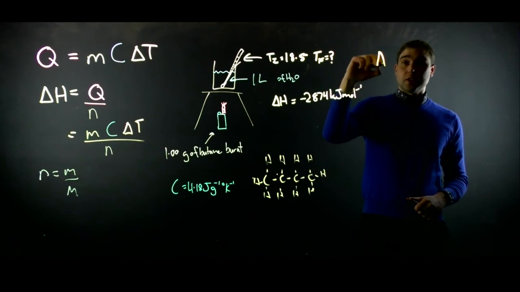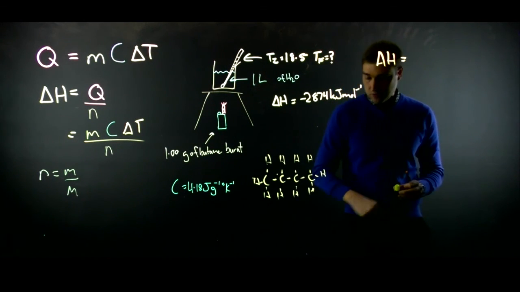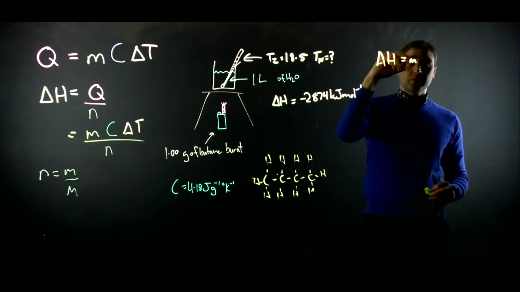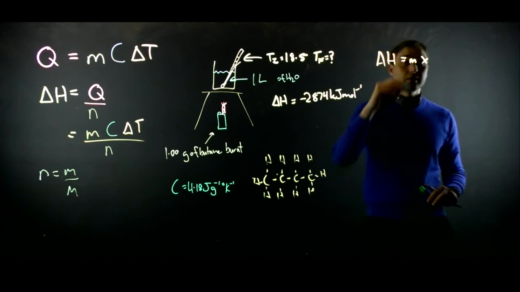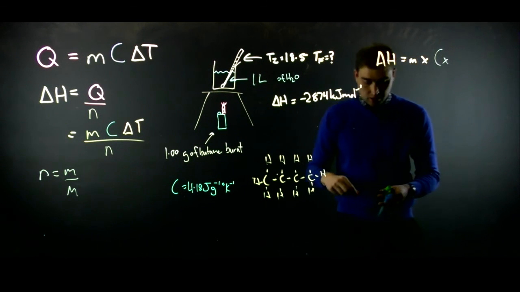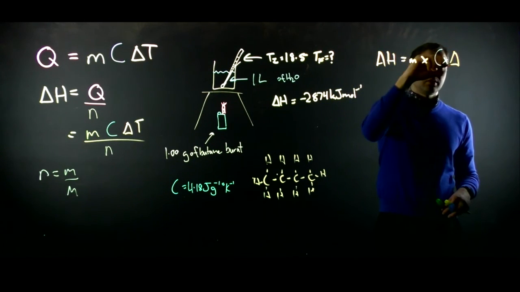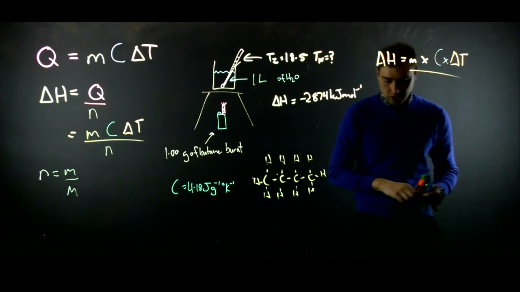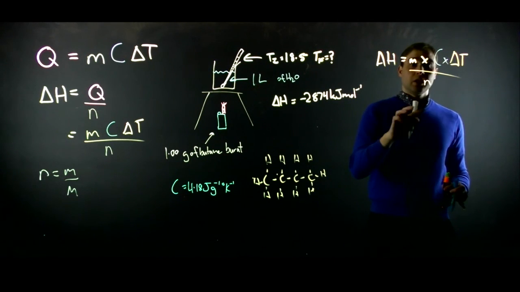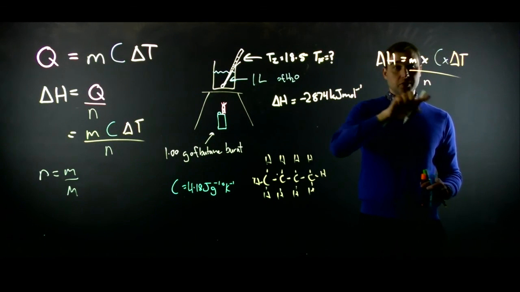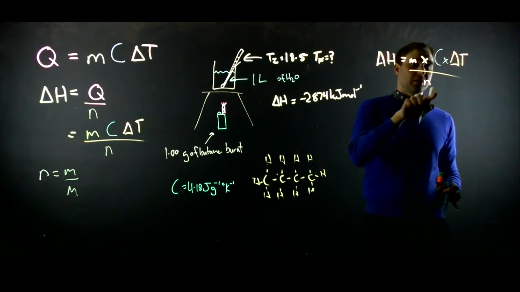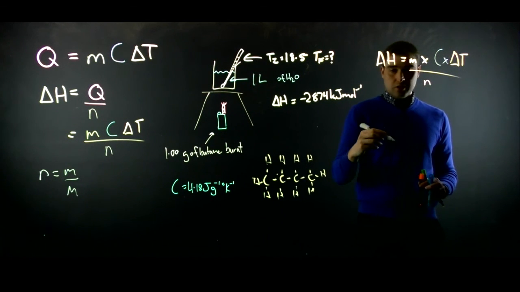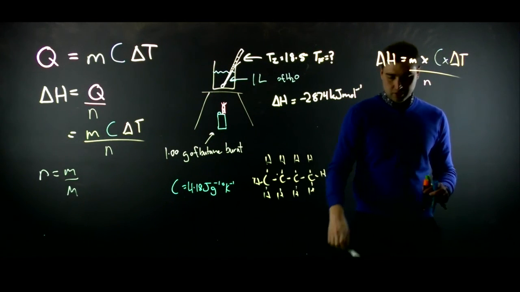So we've got delta H is equal to the mass of the water times the specific heat of the water times the temperature change, and that's all divided by the number of moles. So the first step is we need to get this number of moles over here. So we're going to multiply both sides by the number of moles. And then I'm going to move everything over this side too.